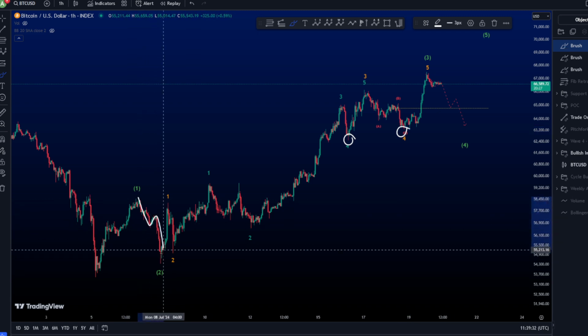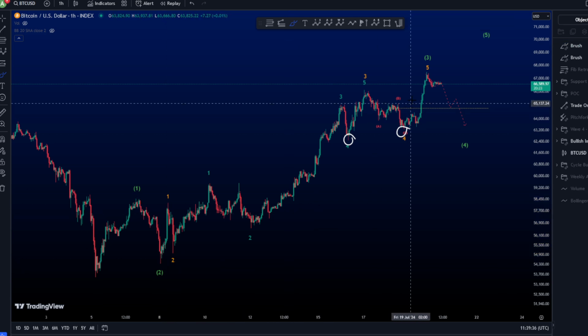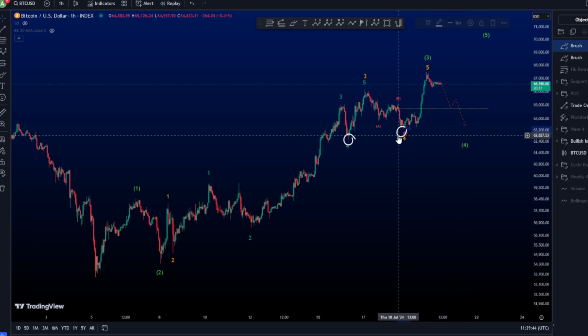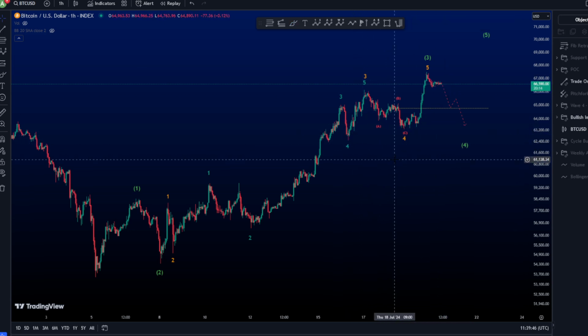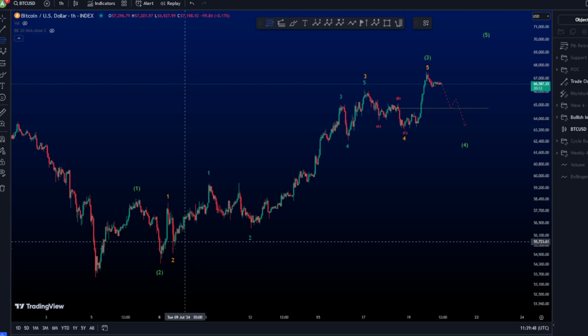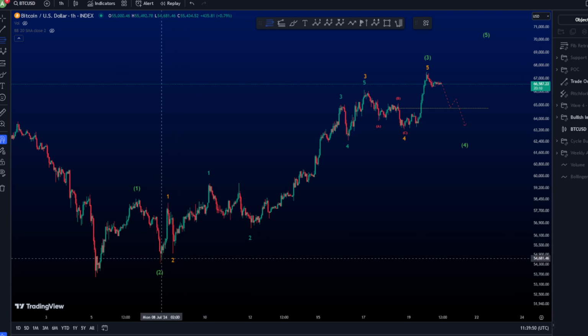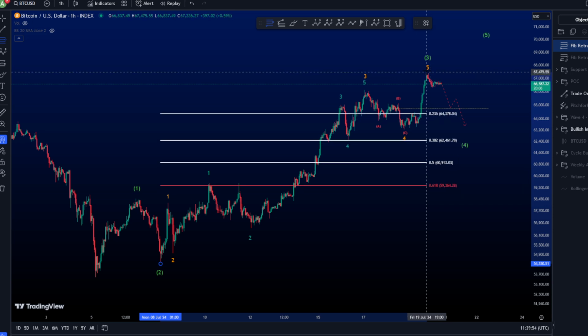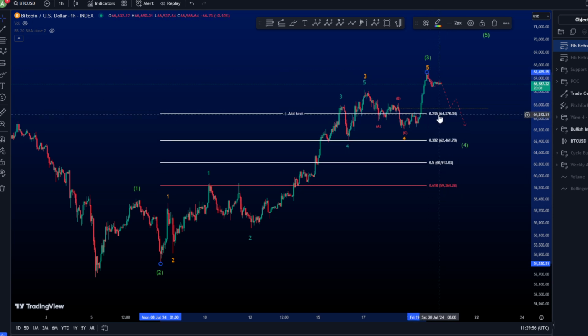I know even the wave 2 looks very sharp and very zigzag, so we are expecting a sideways correction, right? If that is the case, that means we are in a very bullish scenario here, if we only get a 23 Fibonacci retracement again.